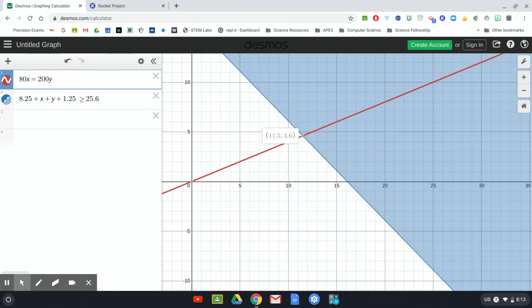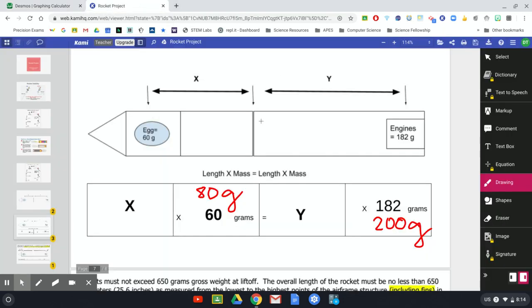So once you've decided which of these measurements you're going to use along here, then you're going to want to mark that on your body tube, and you're going to want to trim them so that they are right here, where the coupler is going to be.